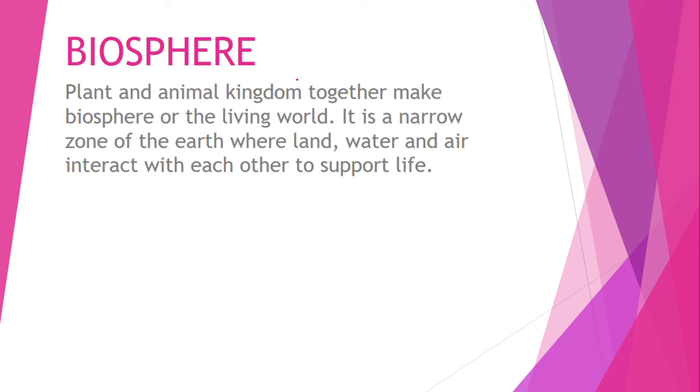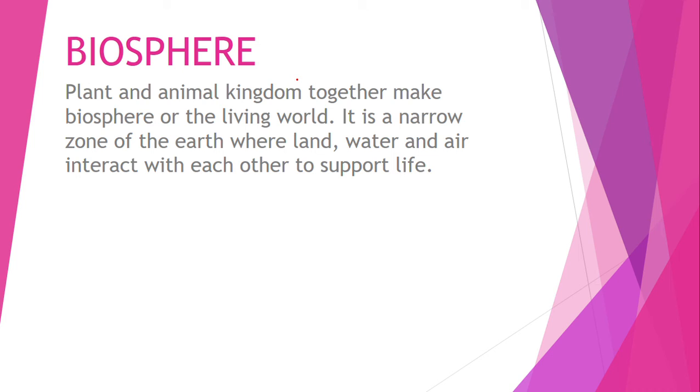Now the biosphere. As I said, the biosphere is the plant and animal kingdom. Air, water and land are needed to give birth. The biosphere cannot live without land, water and air. Oxygen is needed for animals to breathe. Carbon dioxide is needed for photosynthesis in plants.